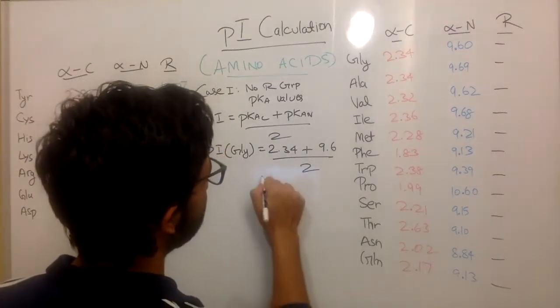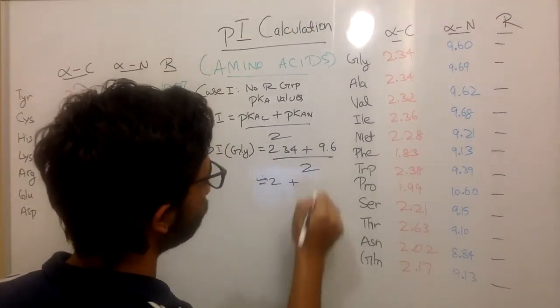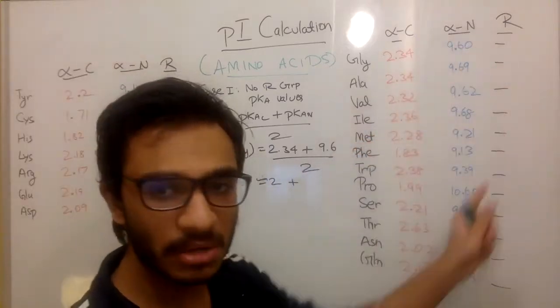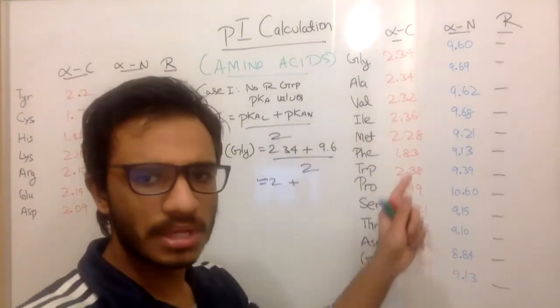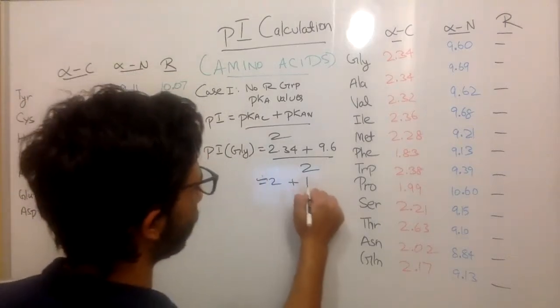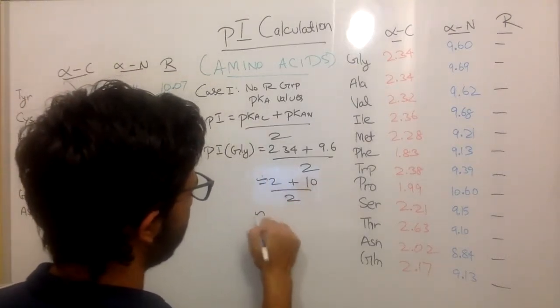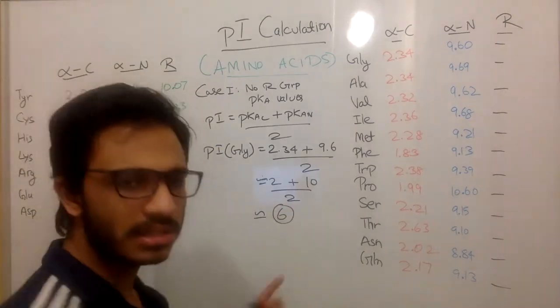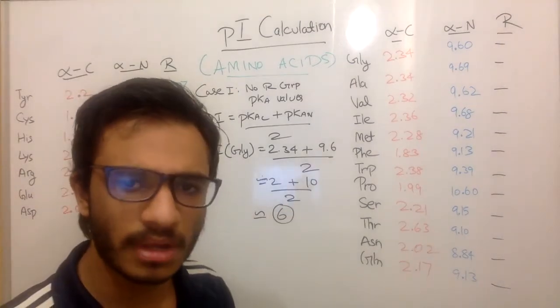So you can approximate this to around 2. And we assume that the amino pKa values, these ones shown here in blue, are approximated to be 10. So you will get, in this case, a pI of around 6, right?